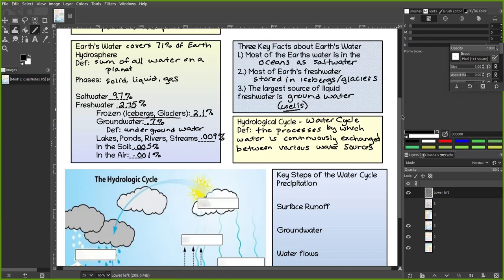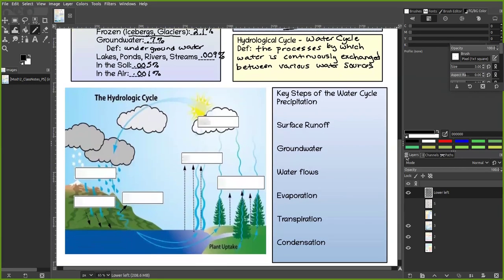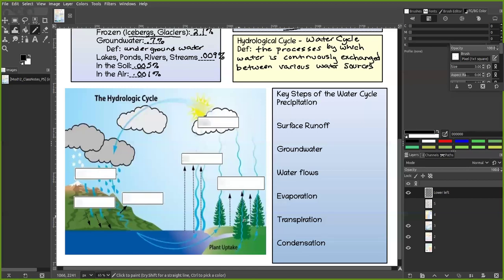Now let's look at this a little bit. Here's a picture of the hydrological cycle. We're going to start up right here with some dark clouds. This is where I am. And out of the clouds are falling either rain or snow, and that's precipitation.